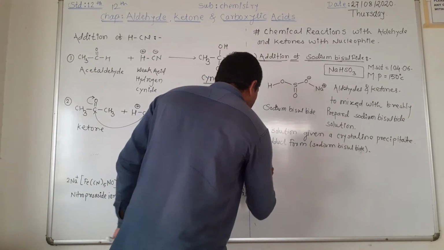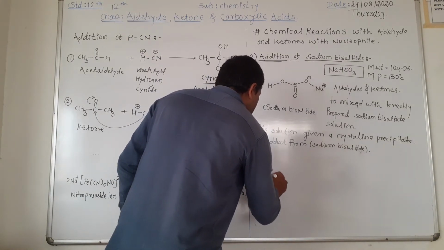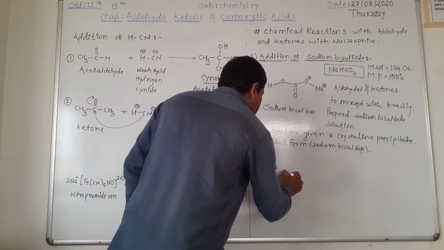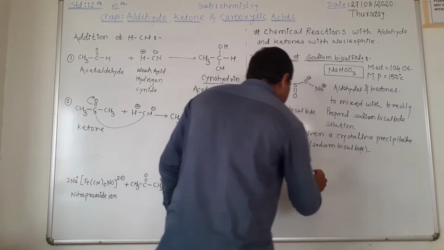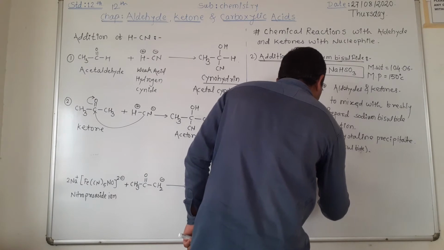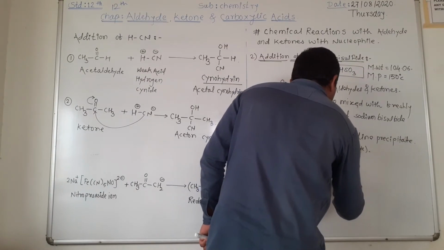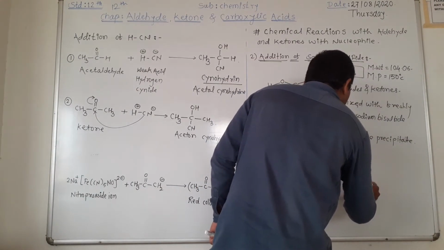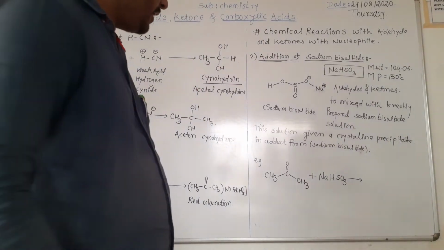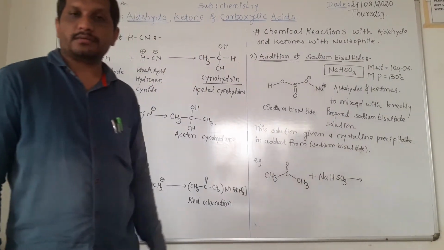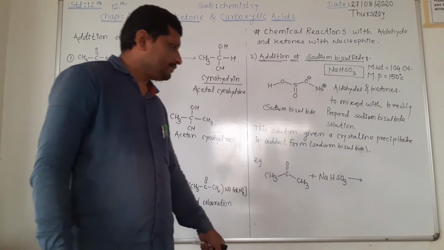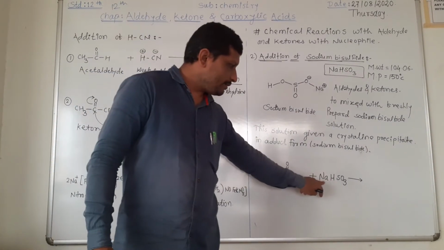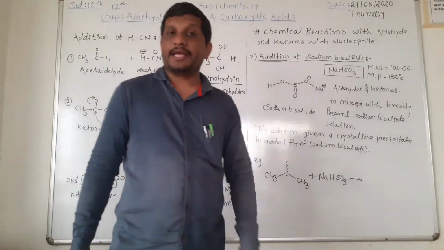And a reaction example: the ketone CH3 C double bond O CH3 plus NaHSO3. This NaHSO3 reacts with the ketonic or carbonyl carbon, and here is sodium, hydrogen and SO3.